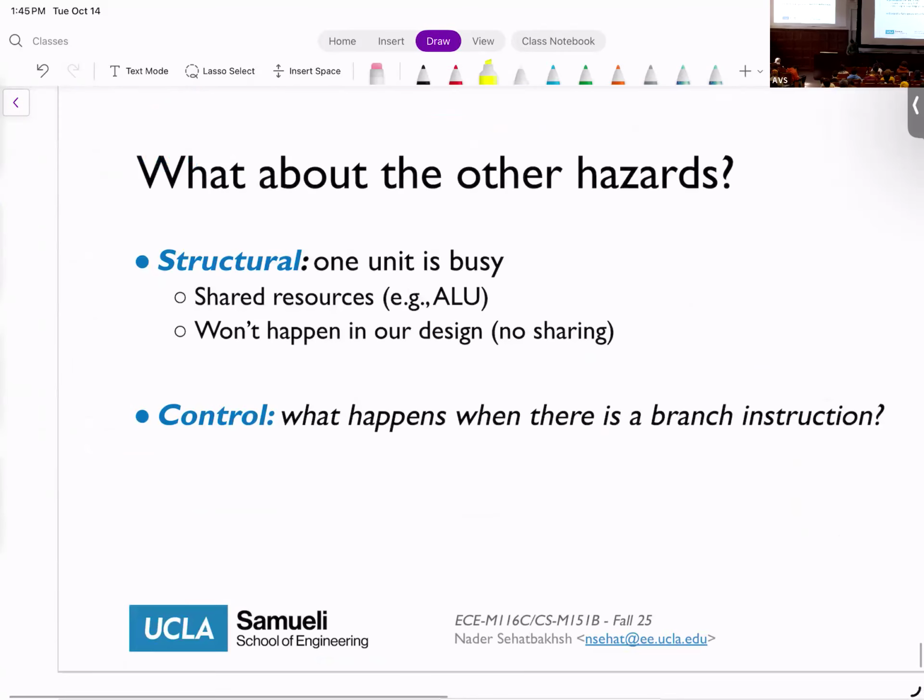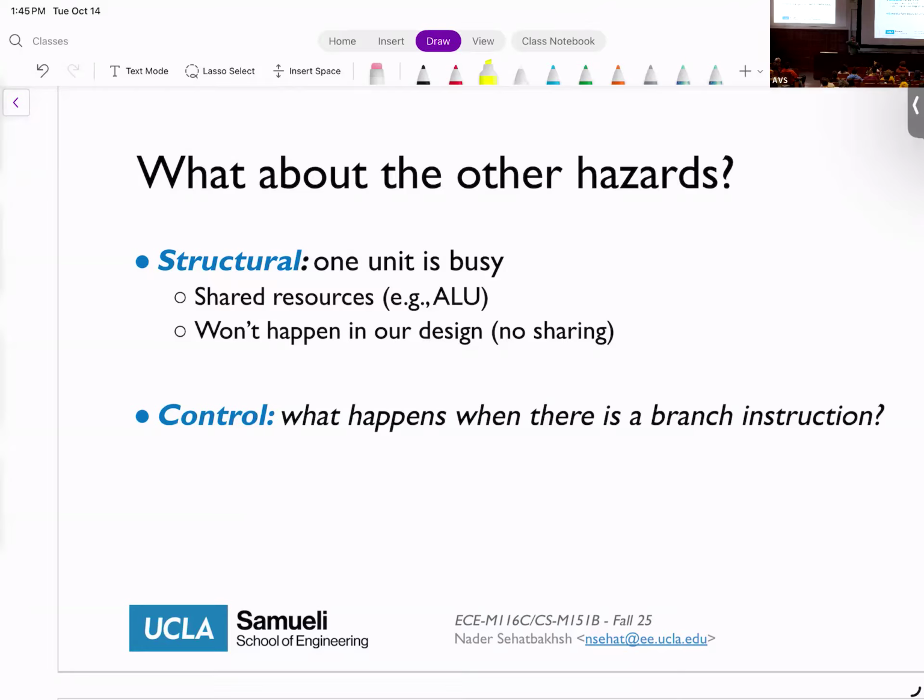Before I let you go, there are 2 other types of hazards. One is called structural hazard. Structural hazard happens when a unit is busy. For example, let's say you want to read 3 register sources and you only have 2 ports. In that case, you cannot read all 3 at the same time. You need to stall and then read the next one.